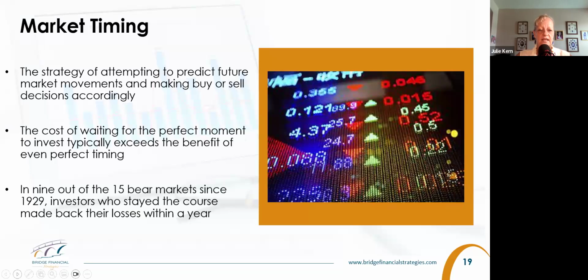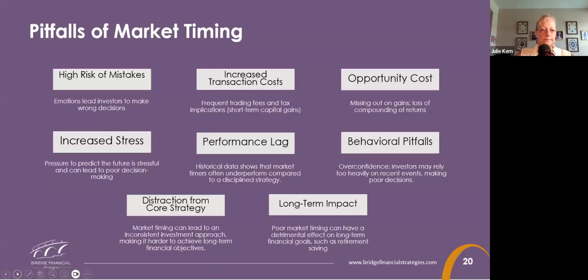And then even if you got out at the right time, which is not likely, the next question is, when do you get back in? That's where I see people who jumped out of the market miss getting back in before it already went back up. And then when you get back in up here, you've missed out on all that appreciation on the recovery part. So, not a good idea.